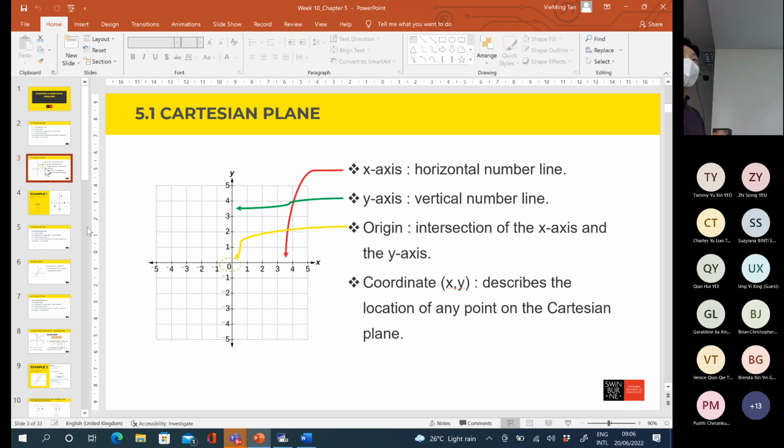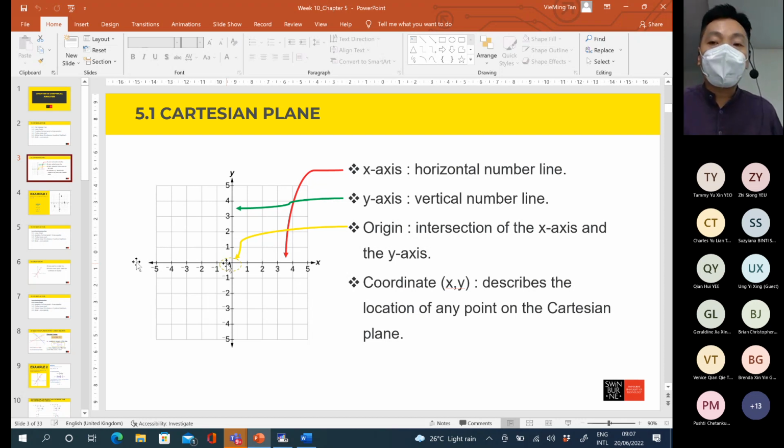At this origin point, the coordinates are equal to (0, 0). That means the x value is equal to 0, and the y value is also equal to 0. The origin is here, the middle point. So how are we going to present this point?